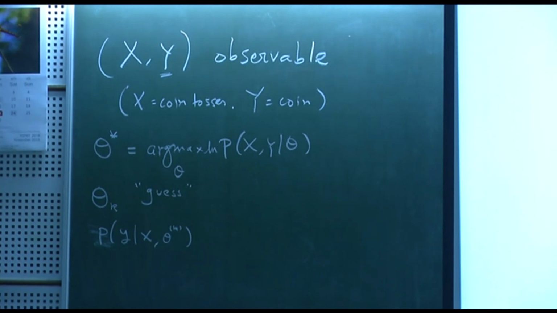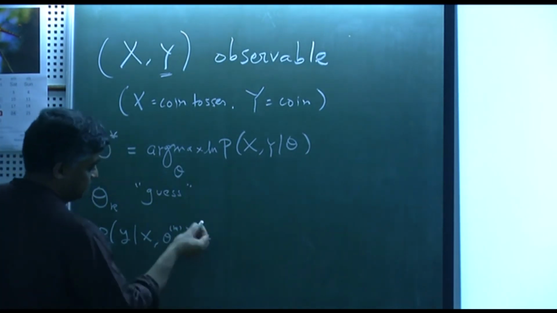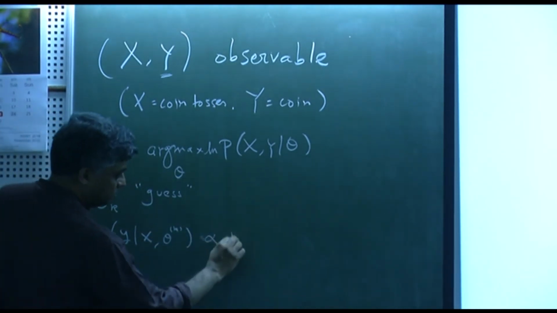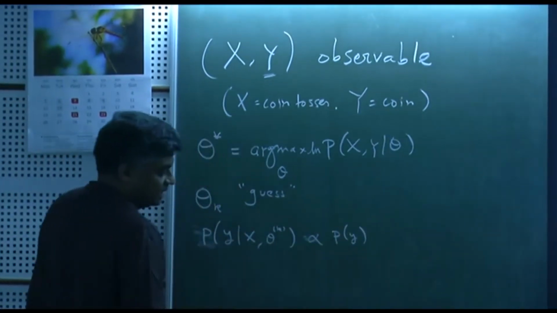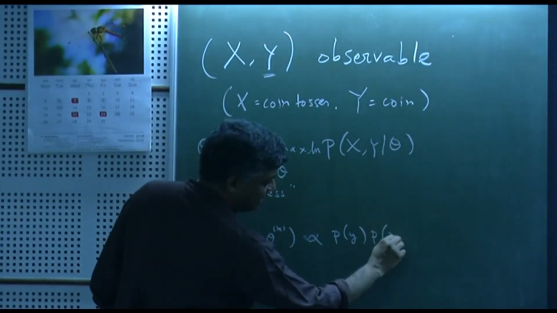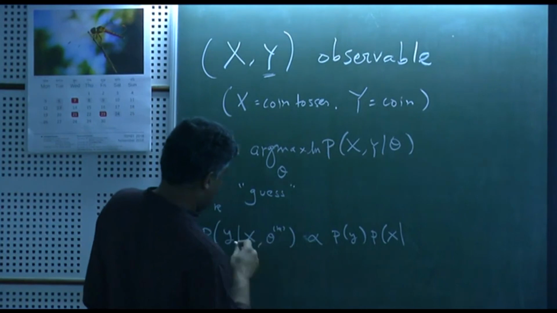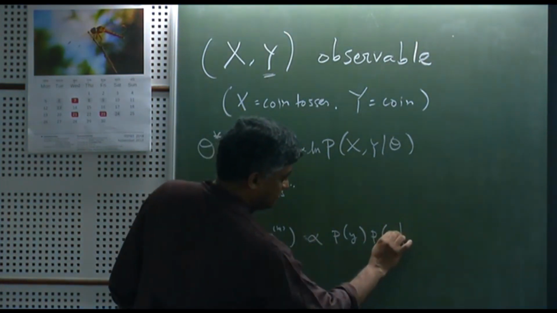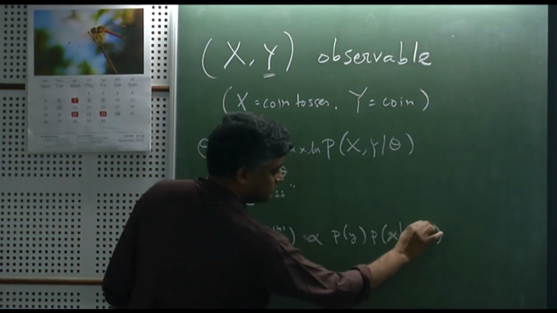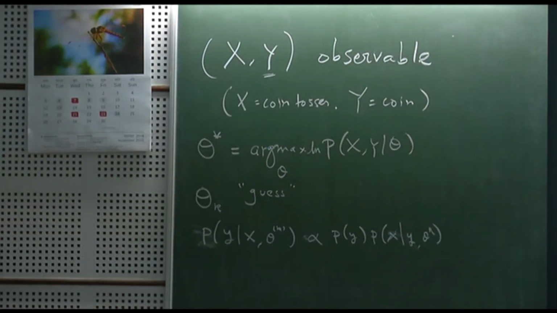How do I get this? This is nothing but Bayes' theorem. This is proportional to the prior on y and the probability of x given y and theta. So I can compute this quantity from the model that I have.